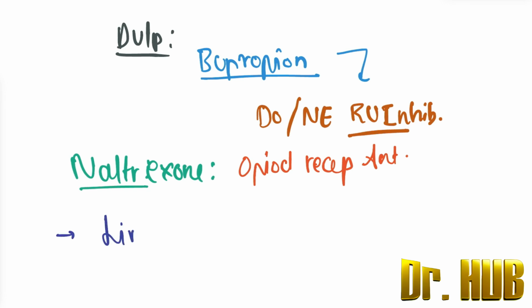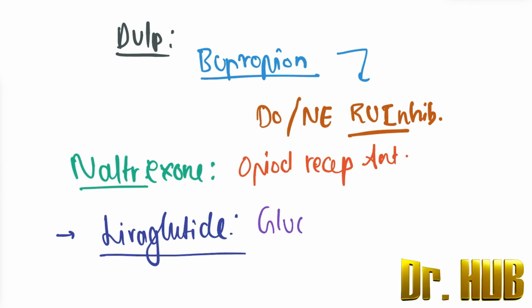Then what is liraglutide? Liraglutide is a glucagon-like peptide 1 receptor agonist.